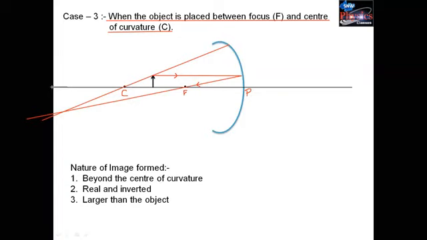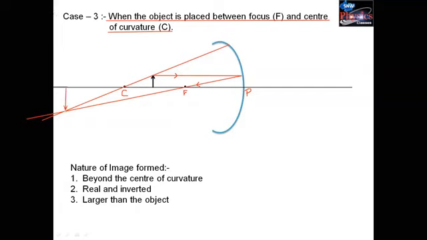We will get a real and inverted image here on the principal axis. ठीक है, यहाँ पे हम लोगों को एक inverted image मिली beyond the center of curvature. ठीक है, सेंटर ऑफ कर्वेचर के पीछे हम लोगों को वो इमेज मिली. इसे रेड कर देते हैं, otherwise you will be confused which is image and which is object.